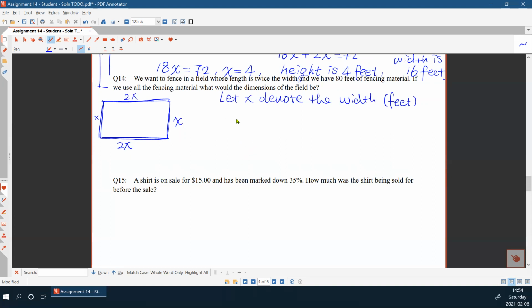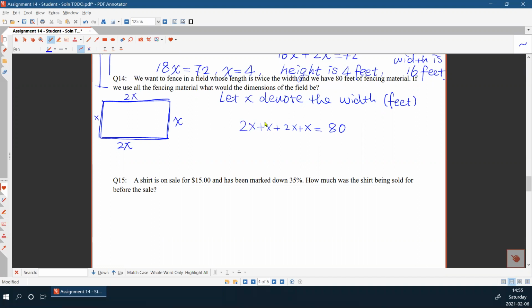So that means if you add the length of all the edges, which is 2x plus x plus 2x plus x, this should equal the total length of your fencing material, right? Which is 80. Okay, so this is our equation.